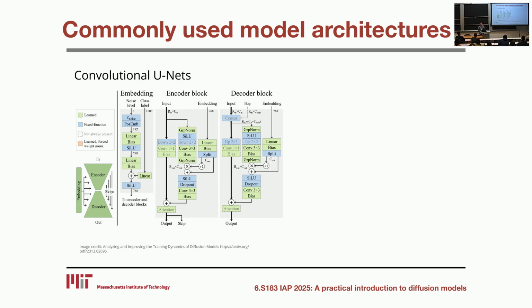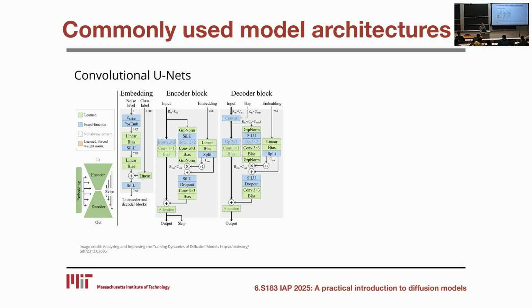Basically, the input is put through a series of layers that decrease the physical dimensions of these inputs, say from 64 by 64 to 8 by 8. But of course it also increases the number of channels. And then there's the decoder part that does the reverse. That increases the physical dimensions but decreases the number of channels.